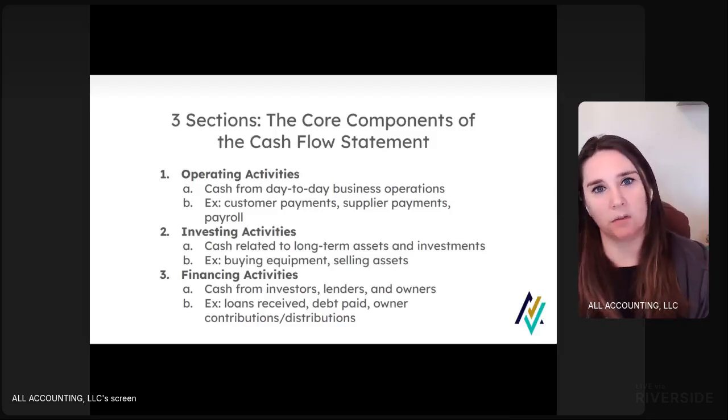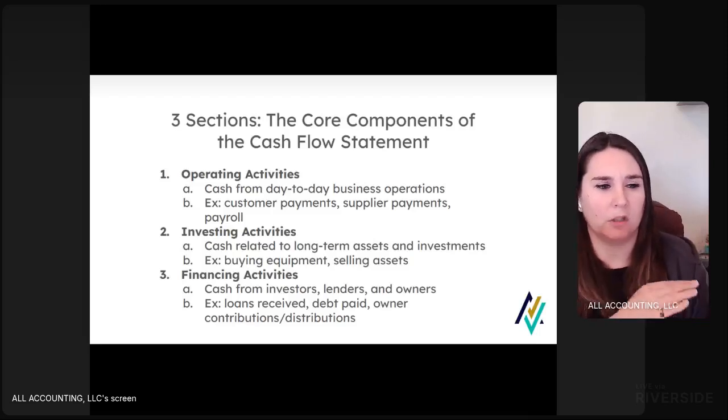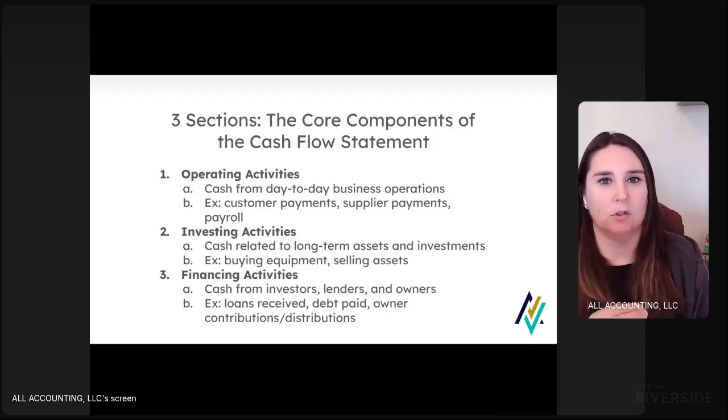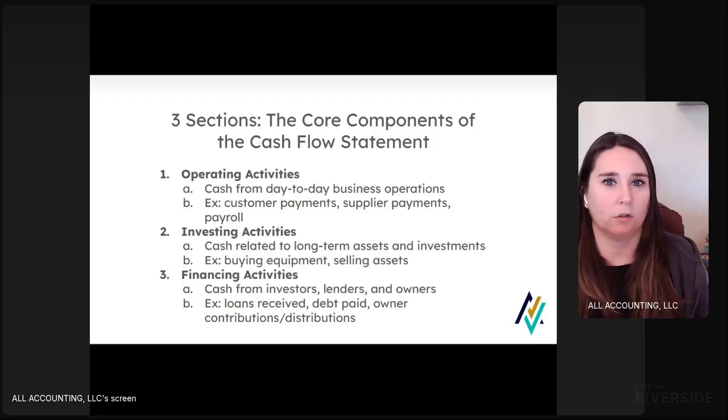I'll also mention that operating activities are your short-term obligations. So you'll also see activities from credit cards, or if you have a line of credit that you've used for operations, this is where you'll find those ins and outs as well.